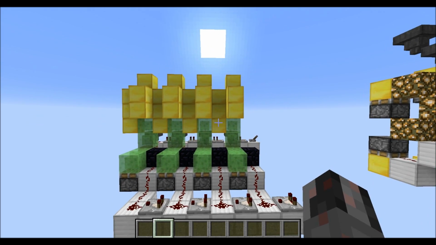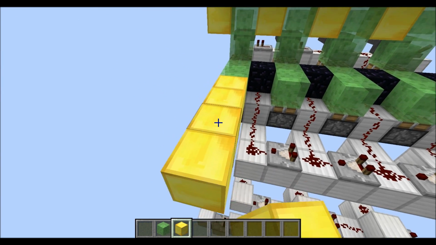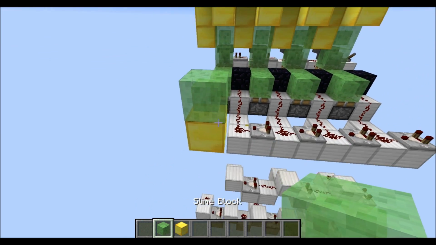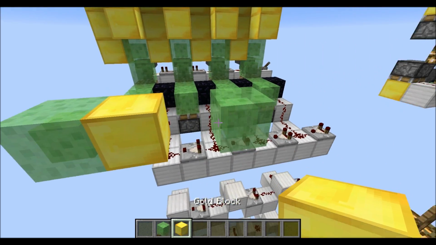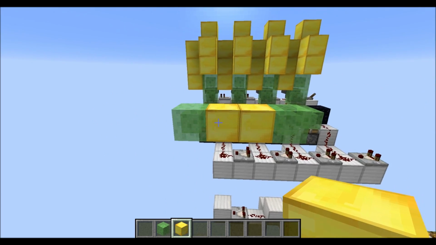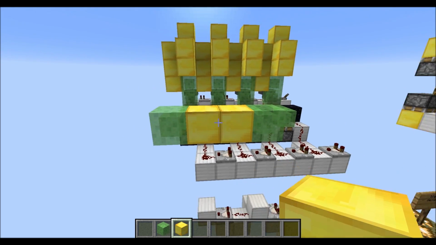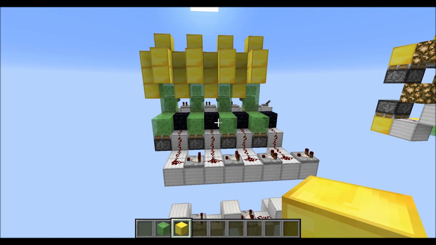If they don't share blocks, so for example, let's say you have them with a spacing of 3, like this, and they don't share blocks between the slime blocks, then those are already completely independent from each other, and the timing is more or less up to you.